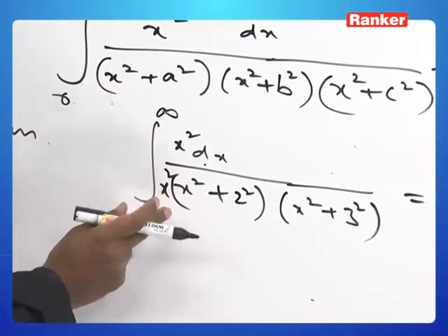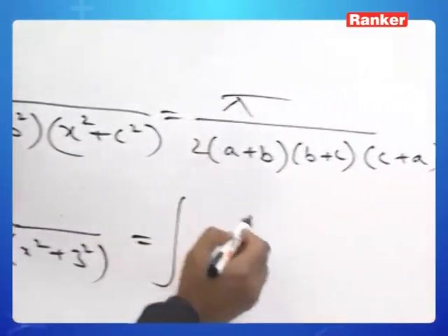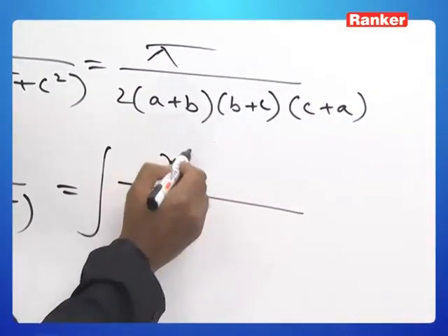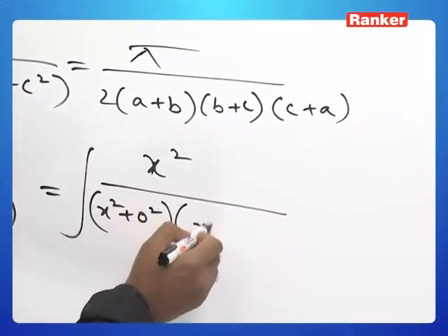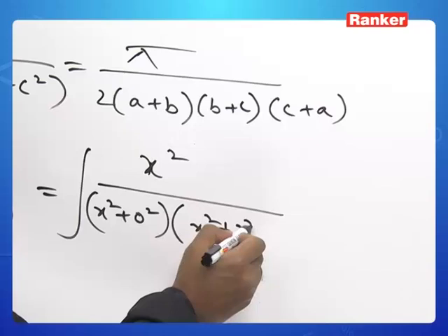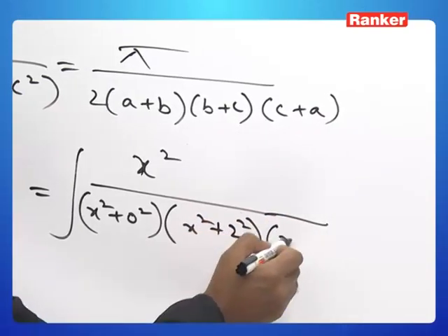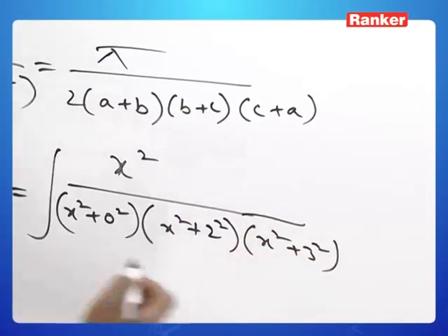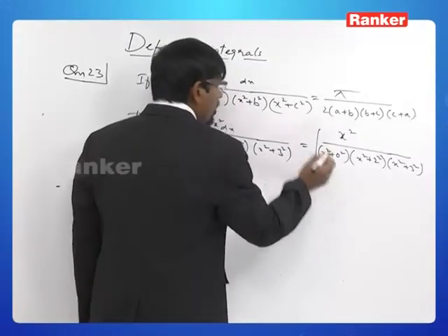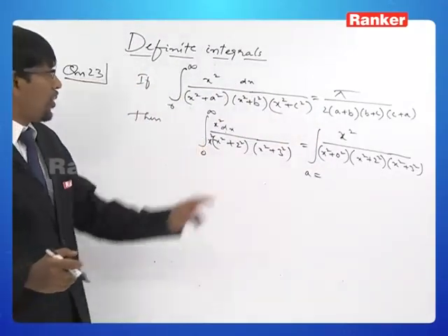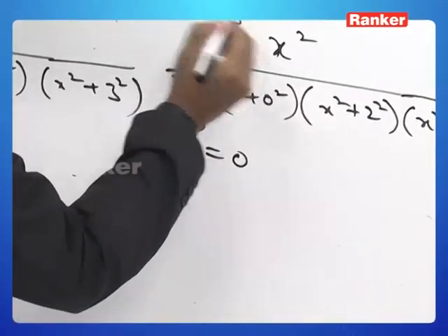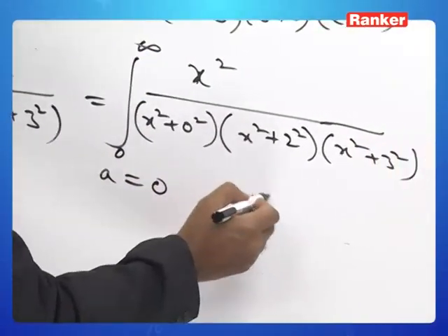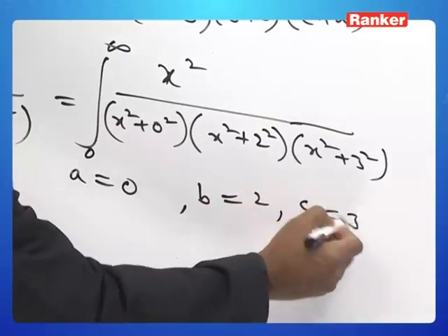Denominator also more or less matches, because the first factor we can write in the form of x square plus 0 square, x square plus 2 square and x square plus 3 square. So, it is clear that comparing with what is given, A is 0 and B is 2 and C is 3.